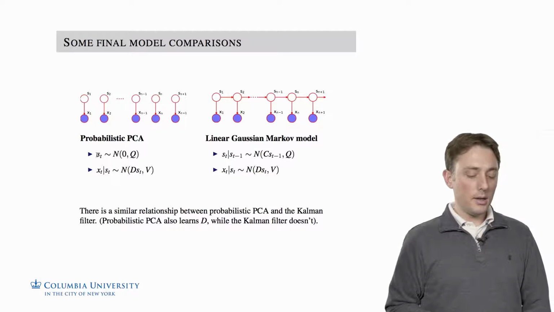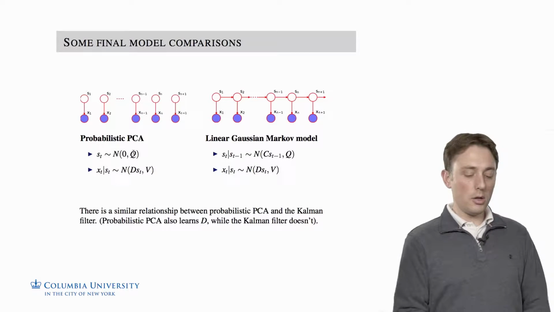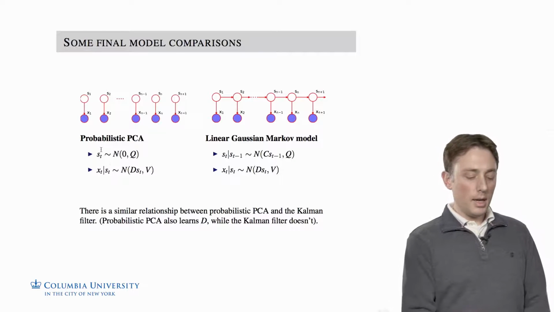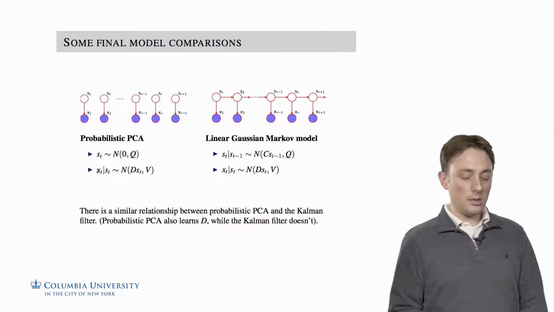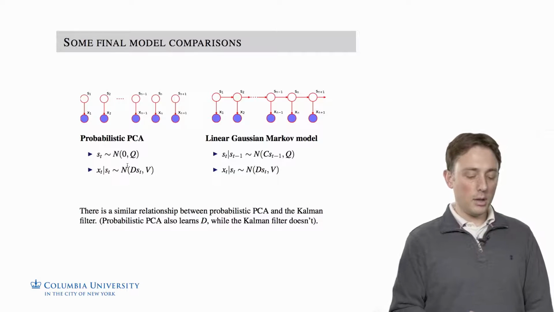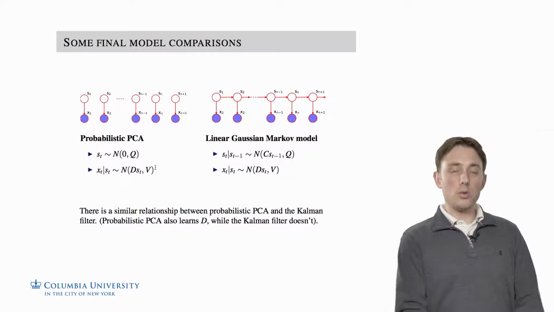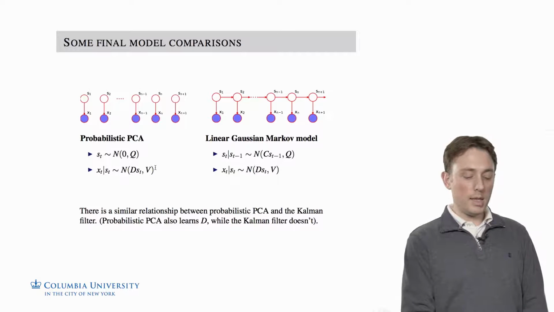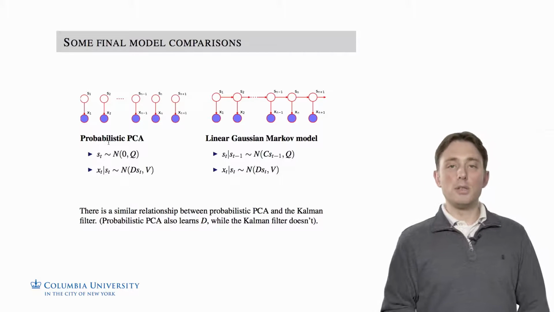So here we have a vector s_t for the tth observation, which is generated from a multivariate Gaussian with mean 0 and covariance Q. And then given the vector s_t, we generate the tth observation from a multivariate Gaussian with mean equal to a matrix D times the latent vector s_t and covariance V. In the previous lecture, when we discussed probabilistic PCA, we used different notation. I believe this was W and this was C, something like that. Here I'm using the notation of today's lecture.